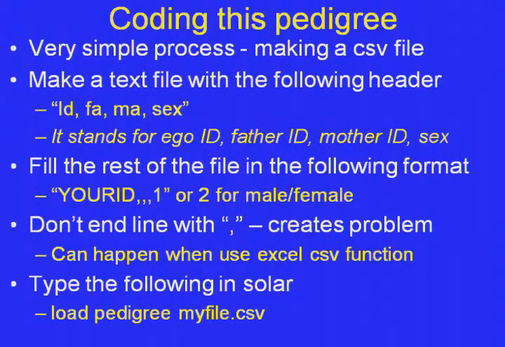So basically create an Excel file where you load all your subject information, and then, as Laura said and as this slide shows, just go ahead and code it using your own ID and then put 1 or 2 for male, female. The only advice is don't end your lines with commas, because that can create a problem.